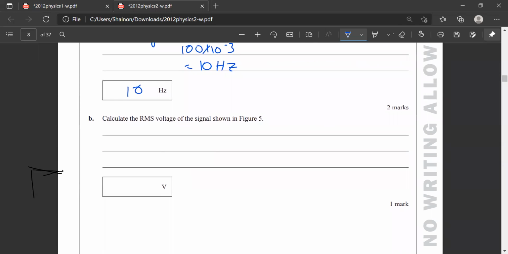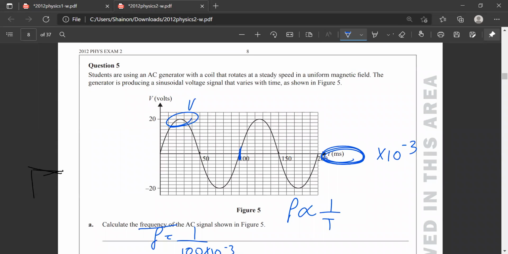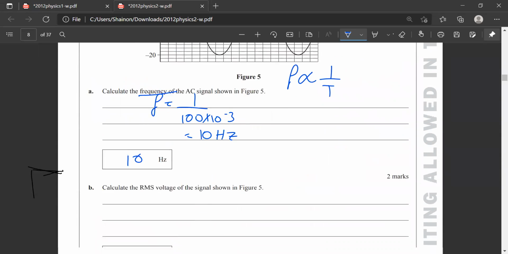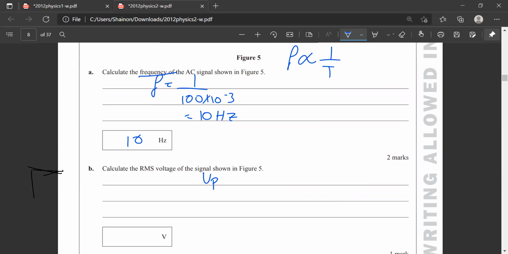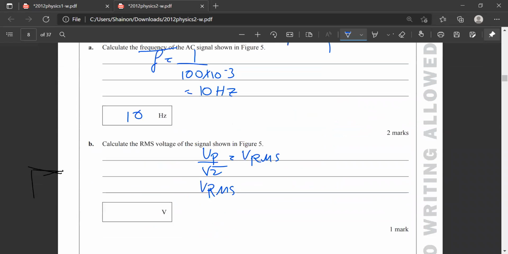Calculate RMS voltage. So we can look on the graph. The top is VP. And using this formula, VP over root 2 equals VRMS. VP is 20.